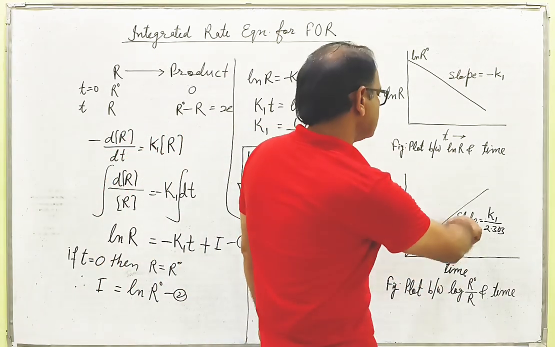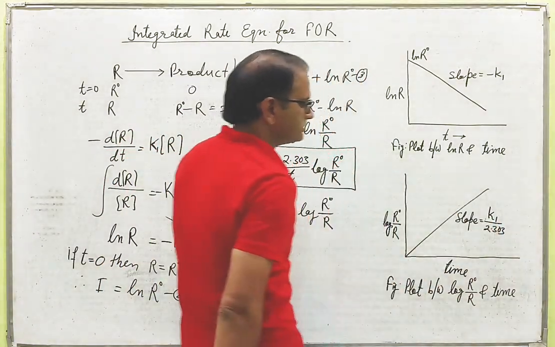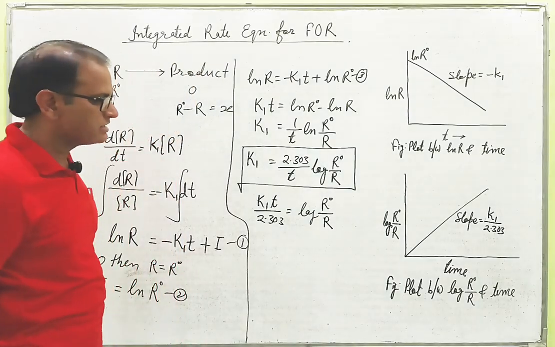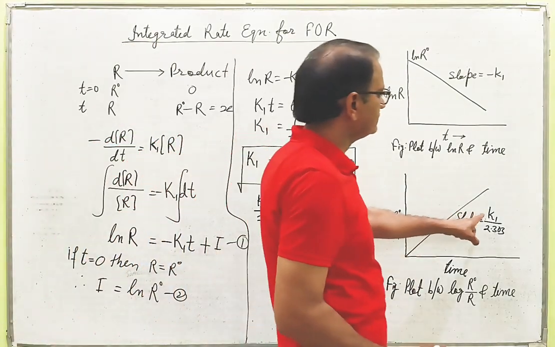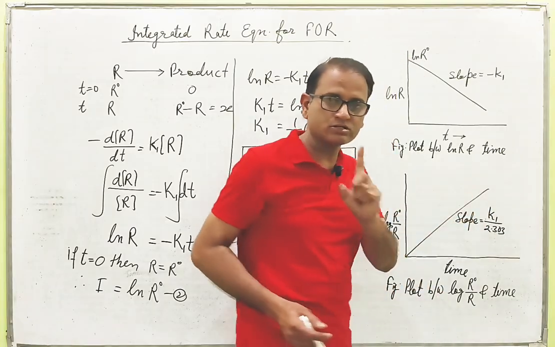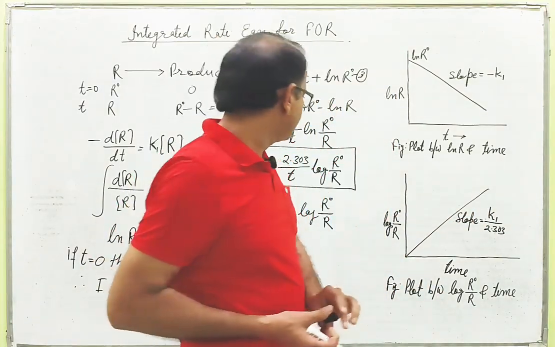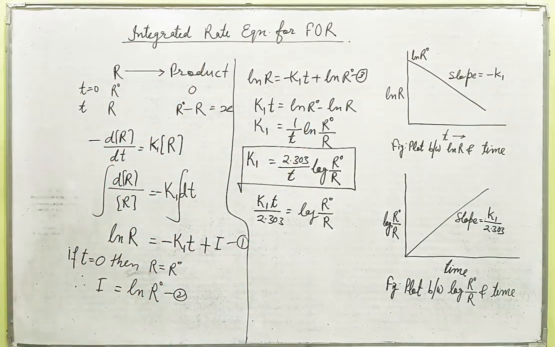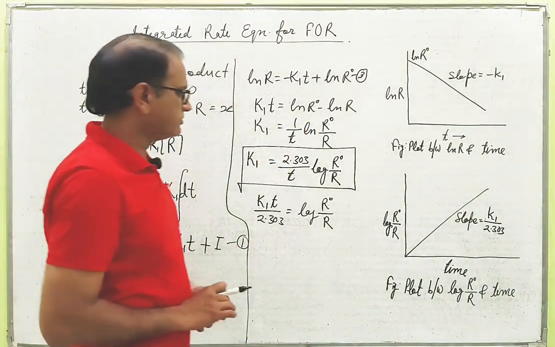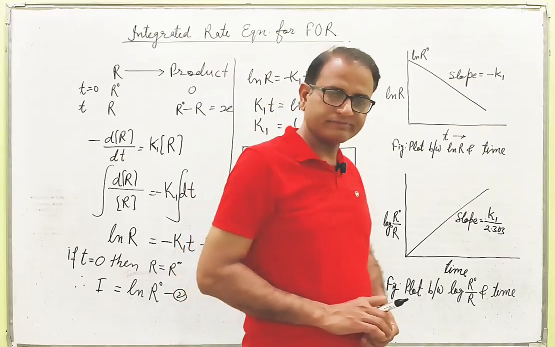So this is how we can extrapolate the graph and we can calculate the value of k1. k1 means the rate constant for first order reaction. So this is how we derive the integrated rate equation for first order reaction.